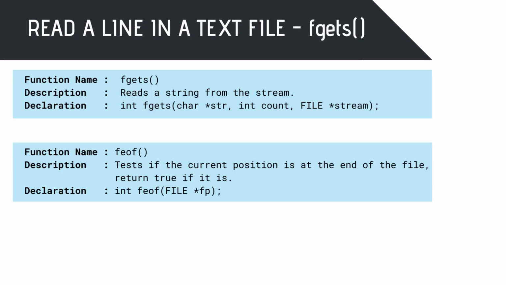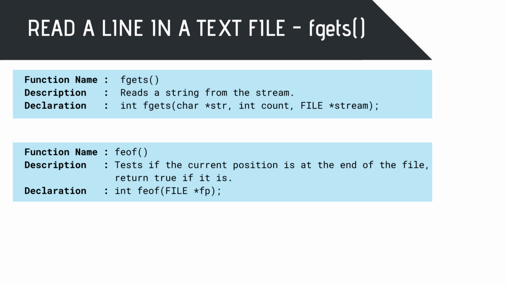The next library function we discuss is the fgets function. You are familiar with the gets function that we learned about in the previous video on strings. The fgets function is similar to the gets function, only that gets gets input from the standard input stream, whereas fgets gets its input from the file stream that is passed to it as an argument.